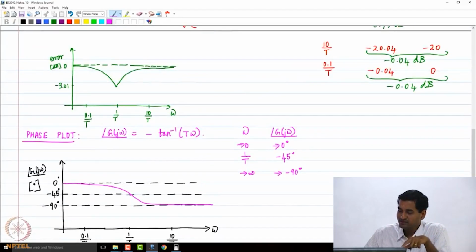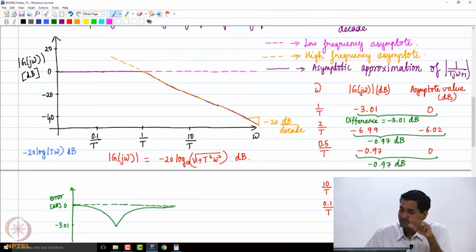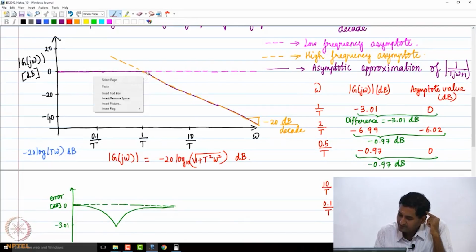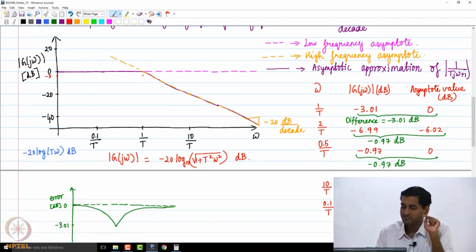But before we do that, let's look at this magnitude plot. On this plot, let me plot the actual one. The actual one is going to have an error of around minus 3 decibels at the corner frequency.